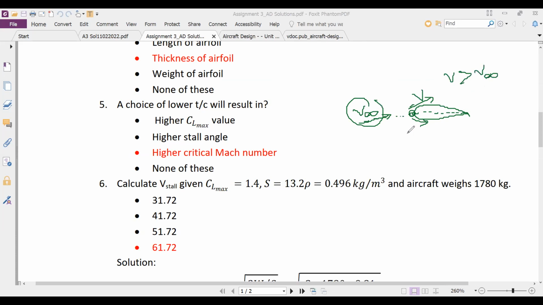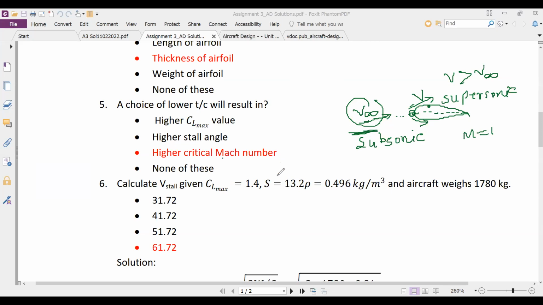Now, what happens is at a certain v infinity, which is definitely subsonic, right? At a certain subsonic velocity, flow on the wing, not airfoil, flow on the wing, goes supersonic. And by supersonic, we mean it goes to Mach 1. If you find at one point velocity reaches Mach 1, then the free stream velocity is called the critical Mach number.